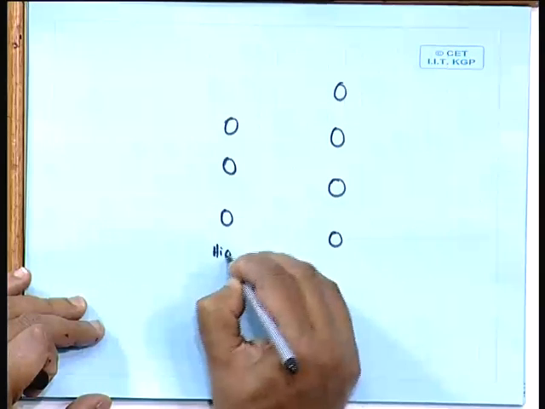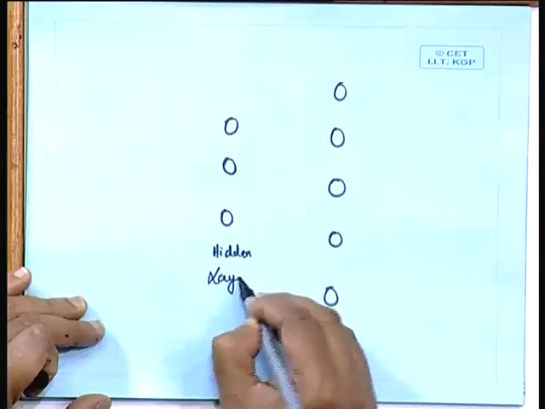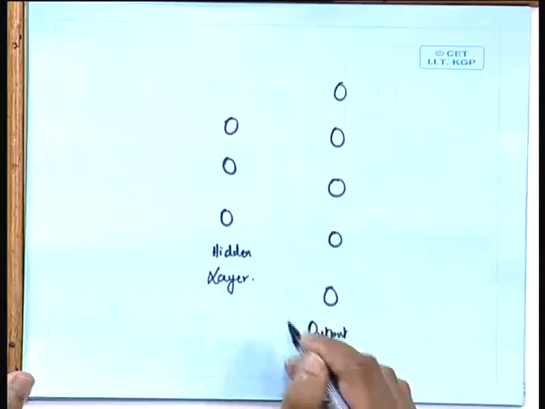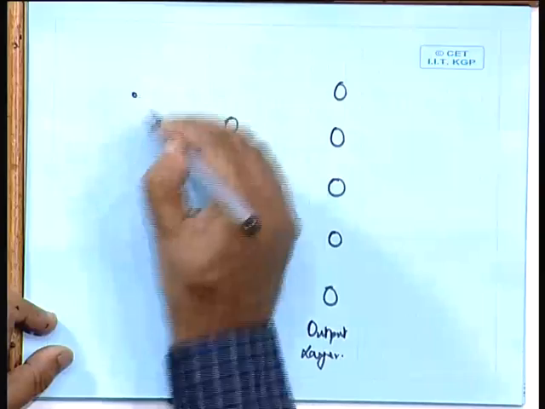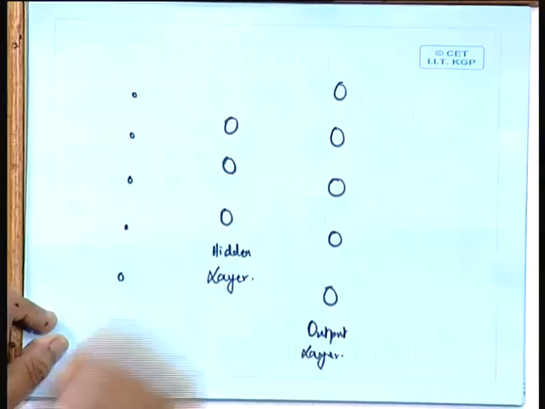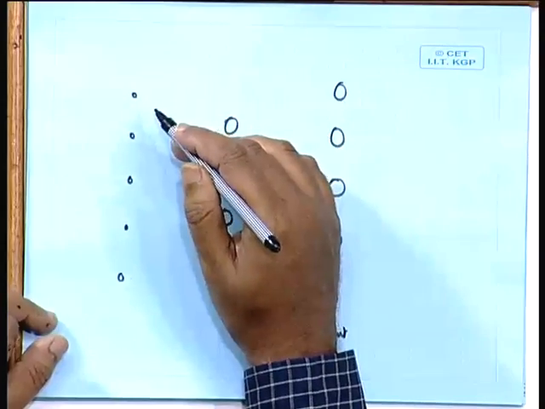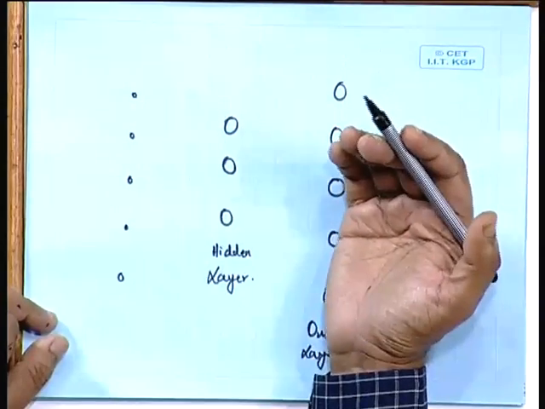I might have given this diagram sometime or other while discussing other things. There is nothing great about this diagram, but one thing is that these hidden layers are fully interconnected to the layer that is preceding them.